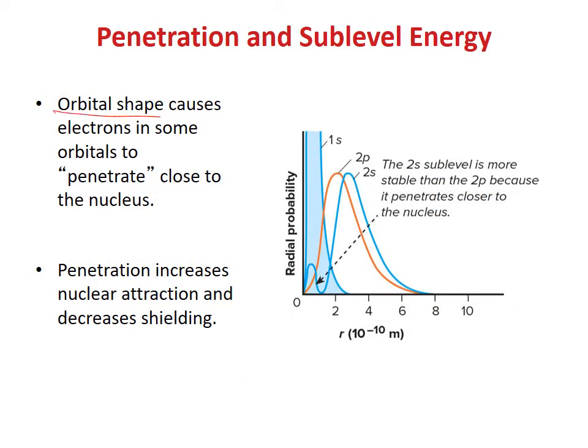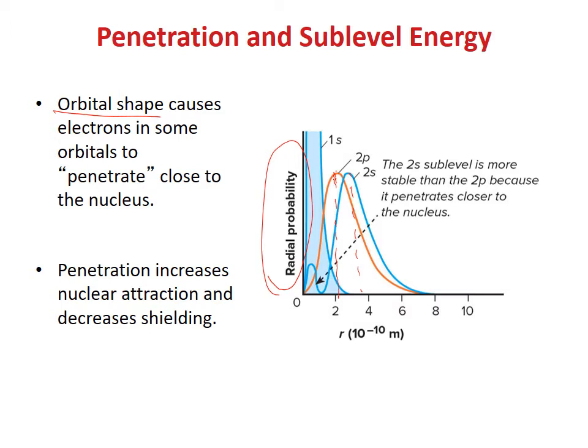Orbital shape also affects energy. Let's look at the radial probability distribution for the 2s orbital and the 2p orbital. So the 2p orbital has a maximum closer to the nucleus than the 2s orbital. So in general, on average, the electron in the 2p orbital is closer to the nucleus than in the 2s orbital.